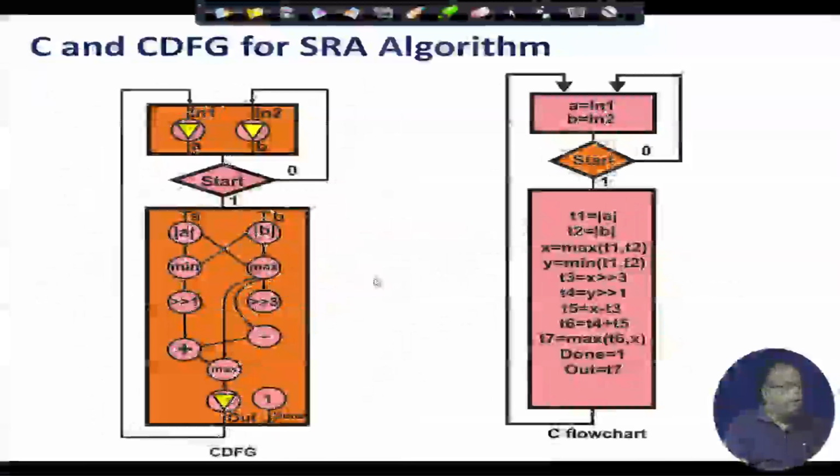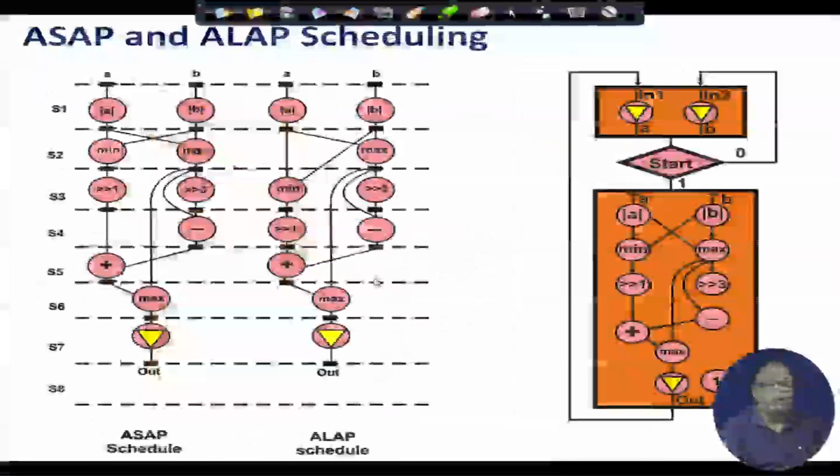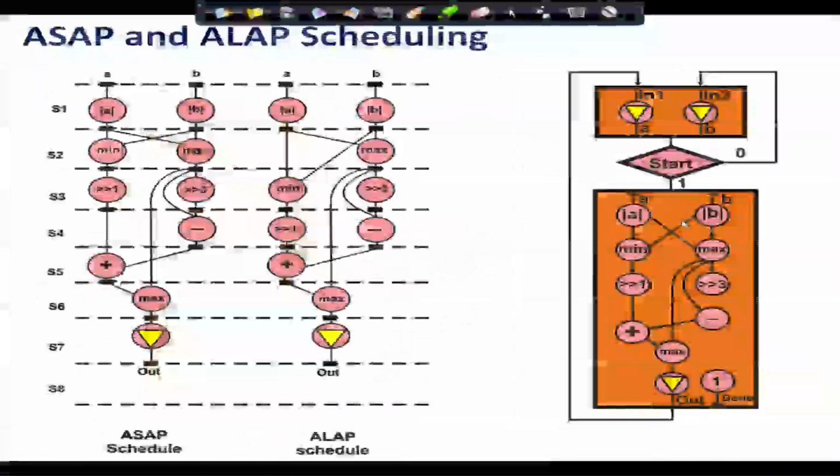Now, given this, here are two schedules. You look at this one, this is our CDFG, and what has been done in this case is the ASAP schedule, as soon as possible. What do I mean by as soon as possible?